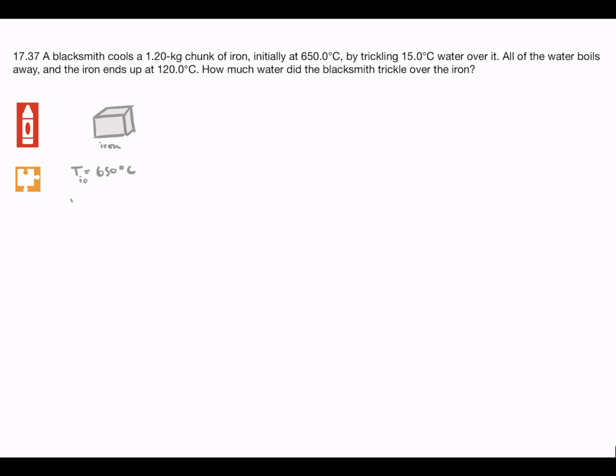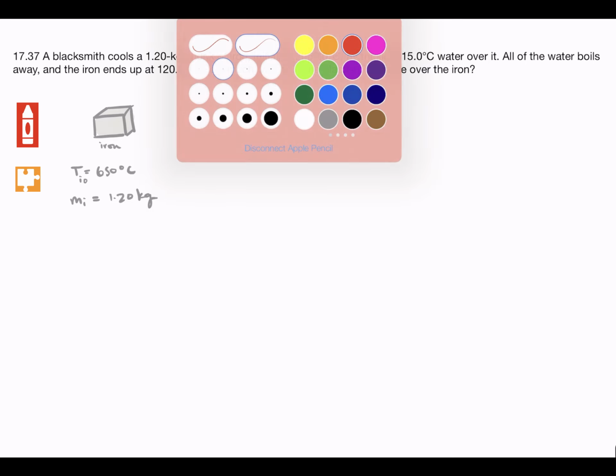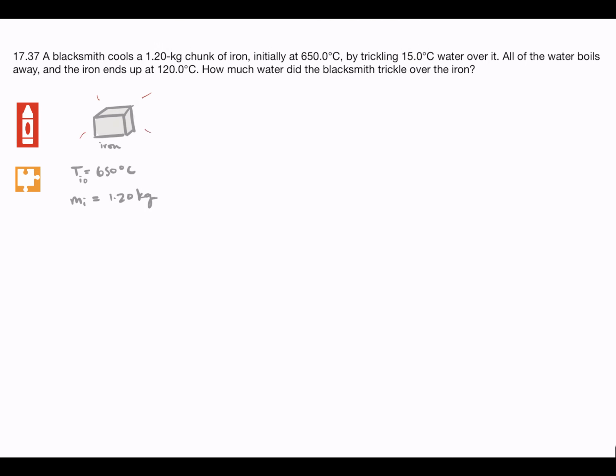It has a mass of 1.20 kilograms, and that's all we really need to know. And we'll draw a little, it's hot right now. So that's how we know.